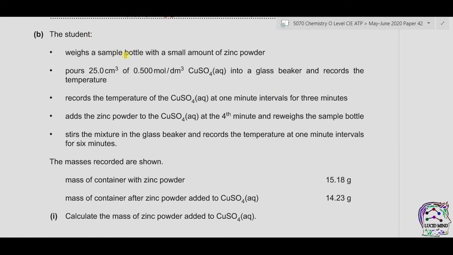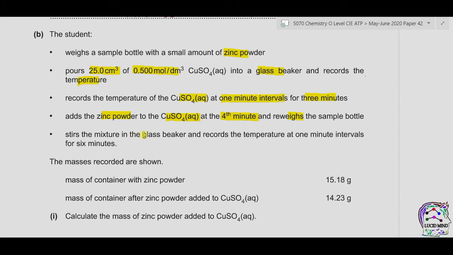Part B, the student weighs a sample bottle with small amount of zinc powder, pours 25 cm cube of 0.5 mole per decimeter cube copper sulfate into a glass beaker and records the temperature. Records the temperature of copper 2 sulfate at 1 minute intervals for 3 minutes. Then he adds the zinc powder to the copper sulfate aqueous at 4th minute and reweighs the sample bottle.